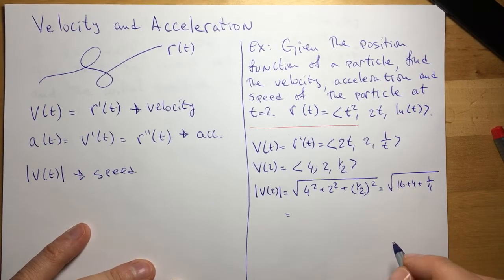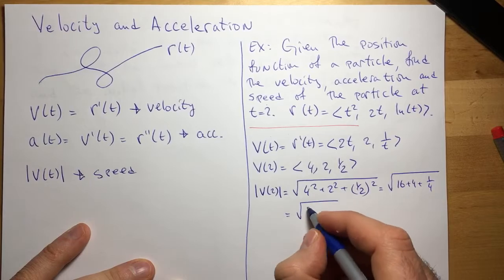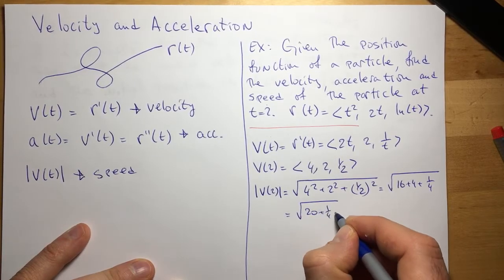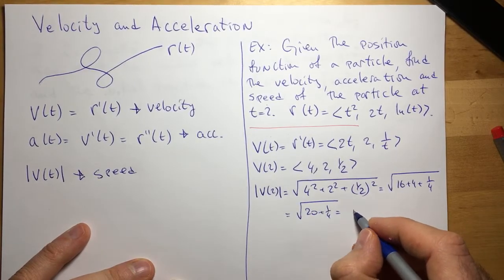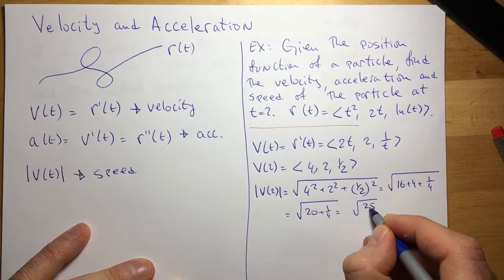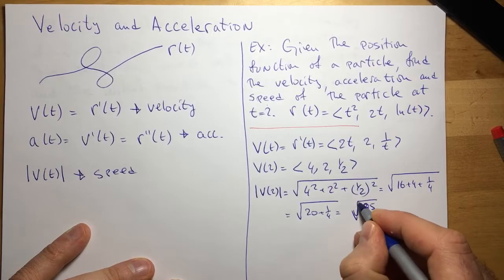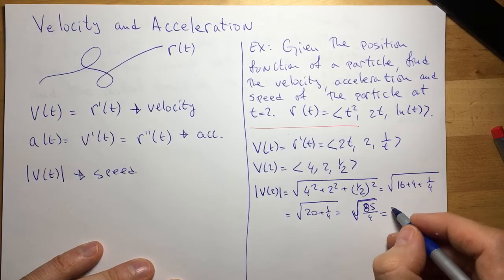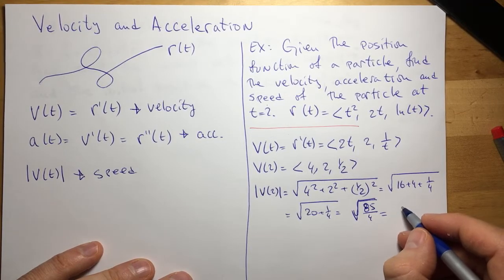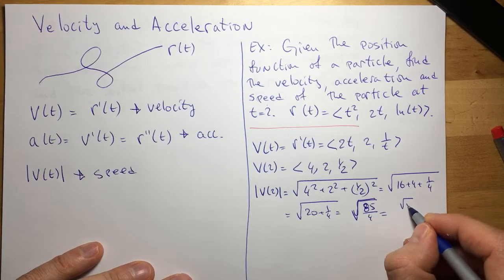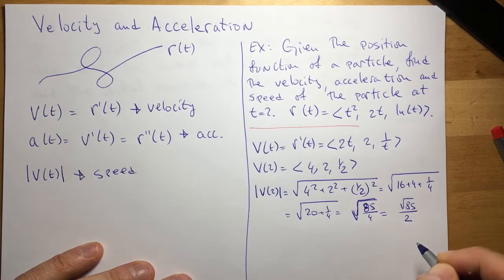That's equal to the square root of 20 plus 1/4, which is the square root of 85 over 4, which is equal to square root of 85 over 2.